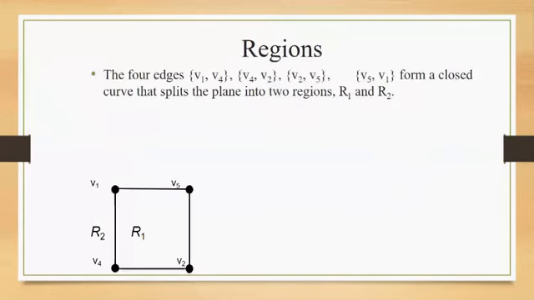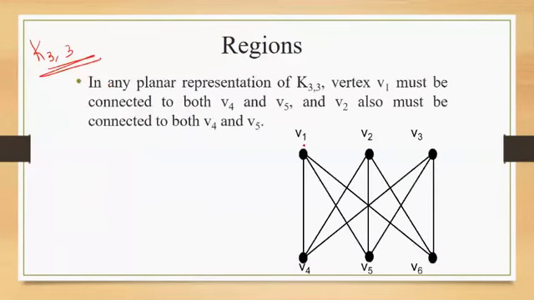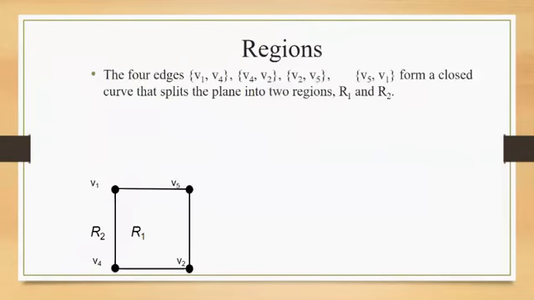So basically, let's see this. V1 is connected to all of them, V4, V5, V6. Similarly, V2 is connected to all of them, and V3. Now, the four edges V1-V4, V4-V2, V2-V5, V5-V1 form a closed curve that splits the plane into two regions.